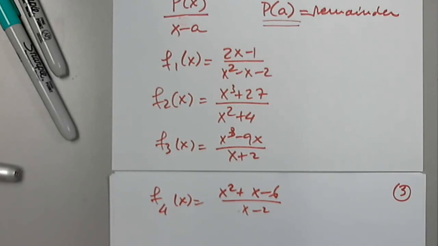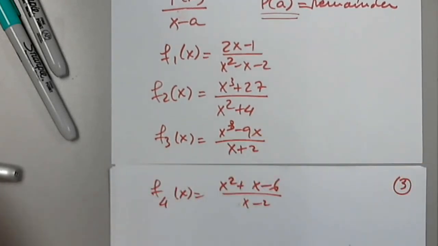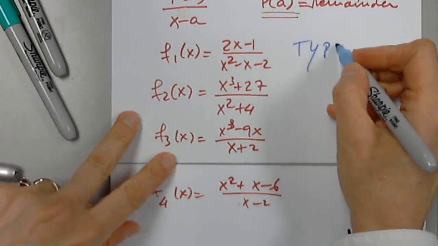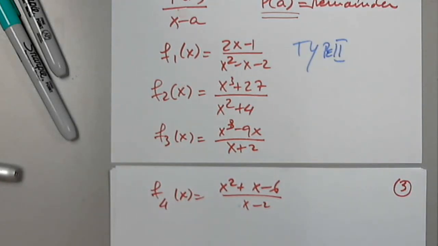What are they? Rational. All rational because they have fractions and they have x in the denominator. Awesome. What type is the first one? Type 2. Why?